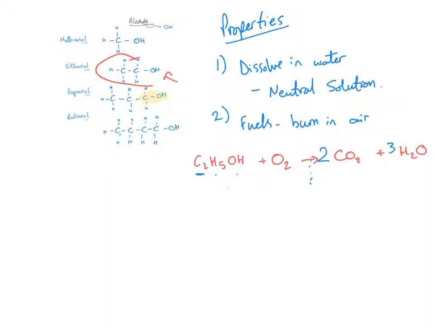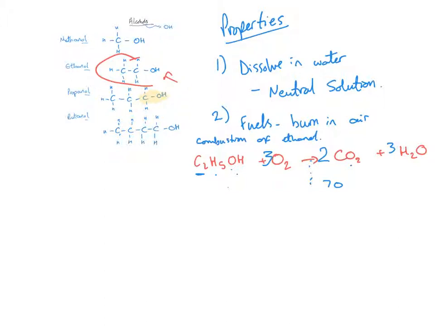I now have 4 oxygens here and 3 there, so I've got 7 oxygens on this side. I've got 1 here and 2 lots there. So if I put 3 lots of oxygen there, that then gives me 7 there. So this is a balanced equation for the combustion of ethanol. And you should be able to do this for all of them.